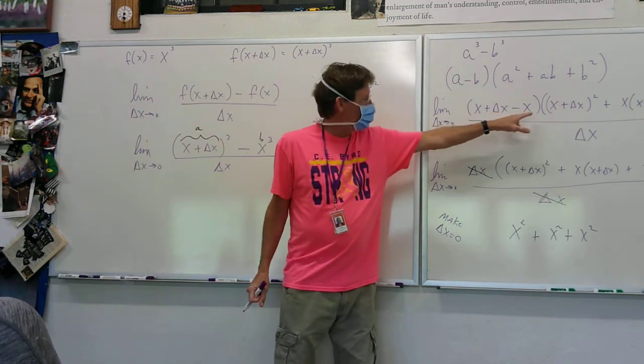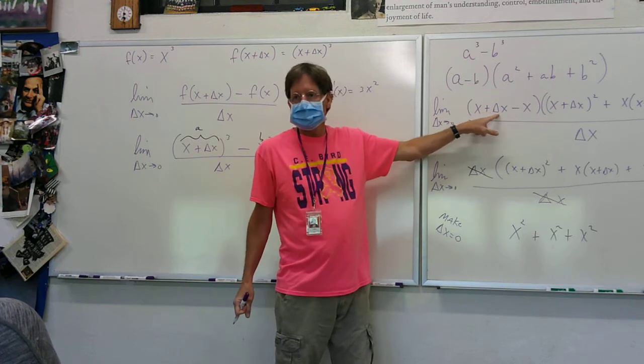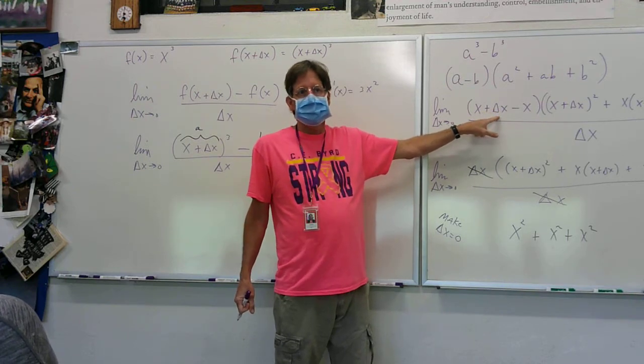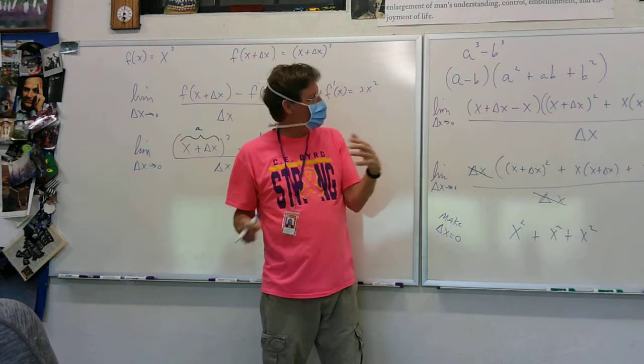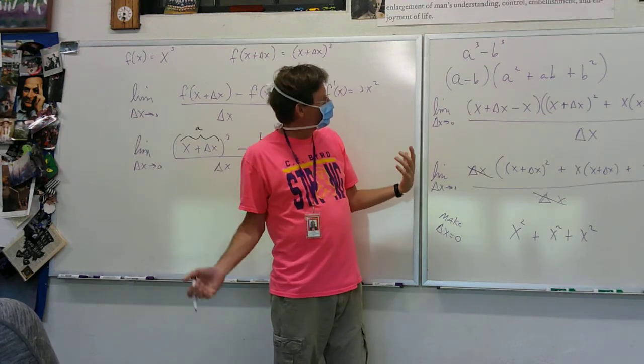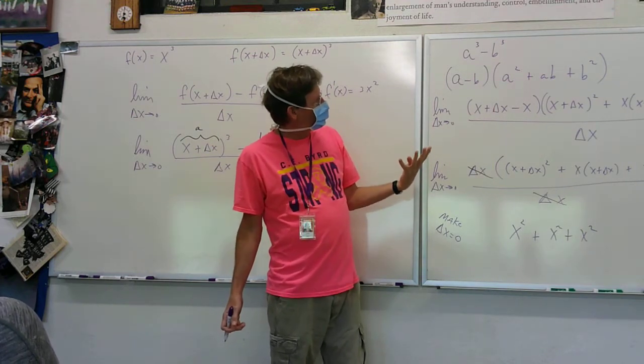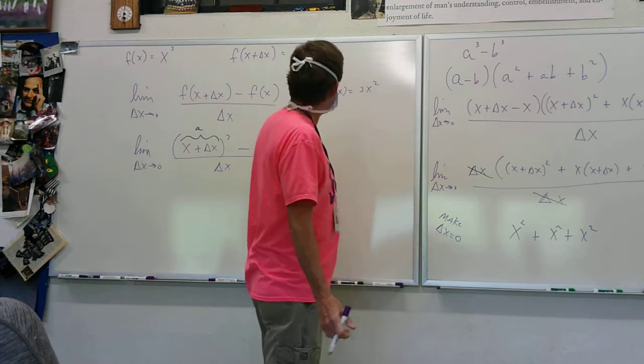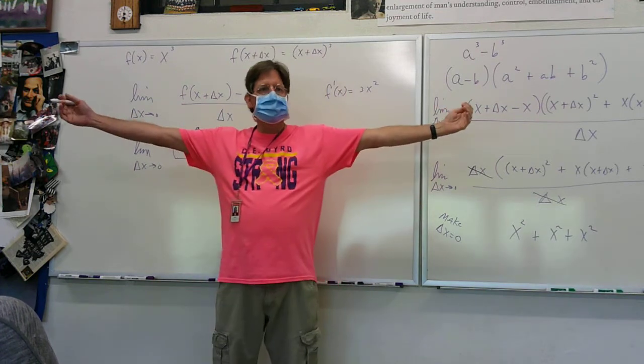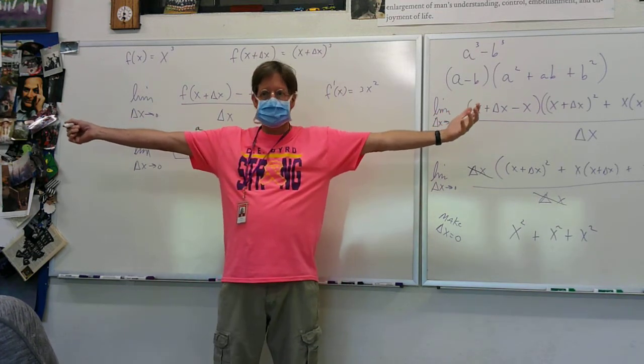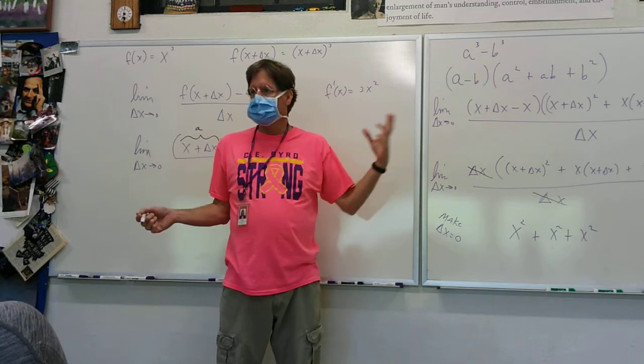Because see how easy it was to get rid of the delta x, divide it out? If you'd have cubed it, you would have had an expression with four terms minus another term, you'd have had a big old long polynomial up there you had to work with. And we don't want that. We want to use that cube rule.